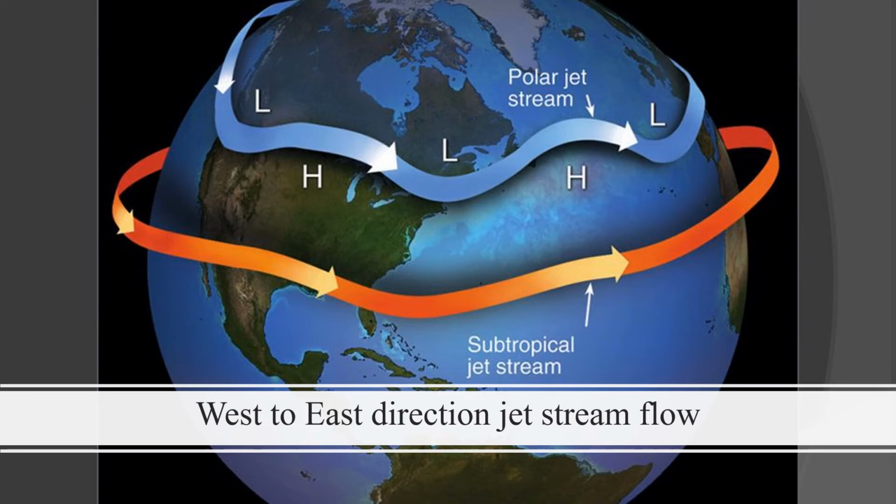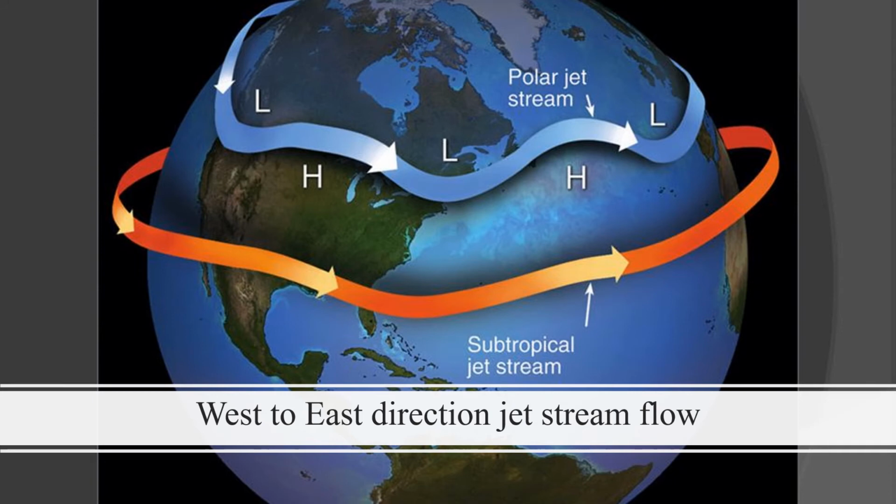The one to the north is often called the northern branch of the polar jet, and the other one to the south is called the southern branch of the polar jet stream. This picture illustrates how the polar jet stream and subtropical jet stream might appear as they sweep around the earth in the winter.